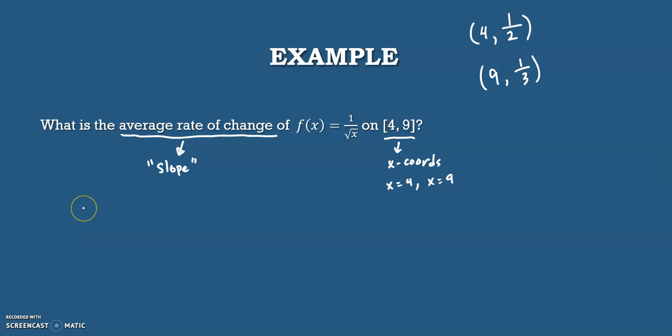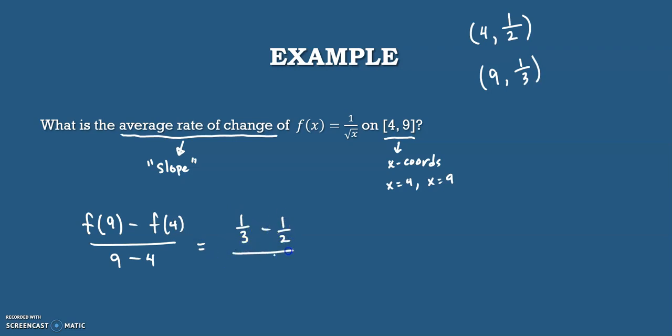So one way you can think of it is y2 minus y1 over x2 minus x1. The other way you can think of it is that difference quotient, f of 9 minus f of 4 over 9 minus 4. Okay, so that's going to be 1/3 minus 1/2 over 5.